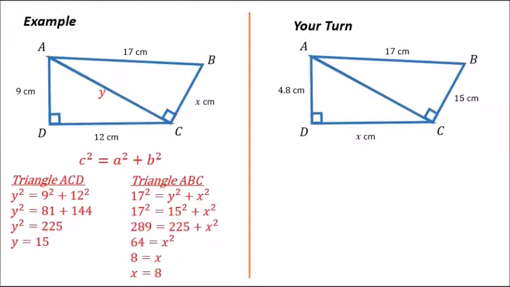Now you've had a chance to have a go yourself. If we label AC Y, just like I did here, because that links the two triangles, you can see that our unknown side that we're trying to find this time is the length CD. And again, this triangle has only one side length given and a right angle.